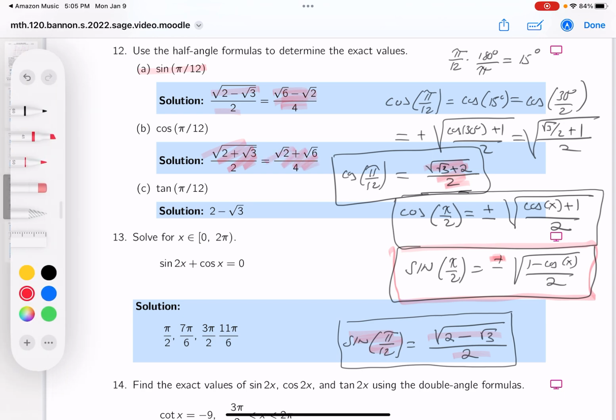All right, so it says, how do you do the ratio? And it looks pretty tough, doesn't it? Let's write that down. So what would you get? The tangent of pi over 12 is going to be the sine of pi over 12, which is this thing, divided by this thing. Well, that doesn't look so bad.